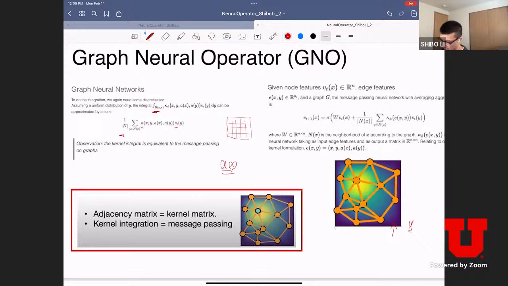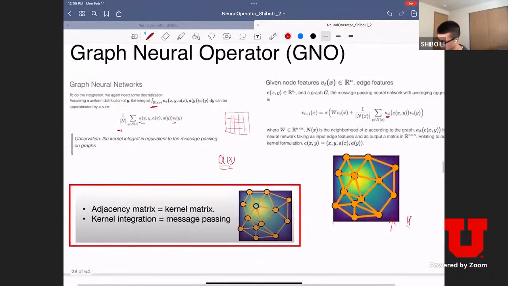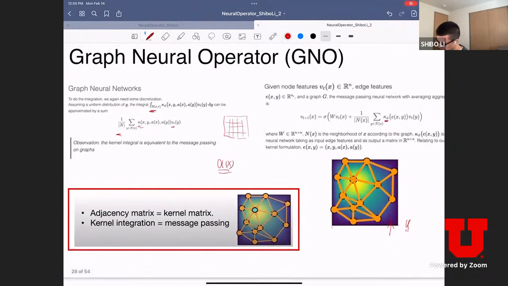You can think of this kernel operation as the parameters of your graph neural network, and it is exactly equivalent to message passing over the graph mounted on the function space.